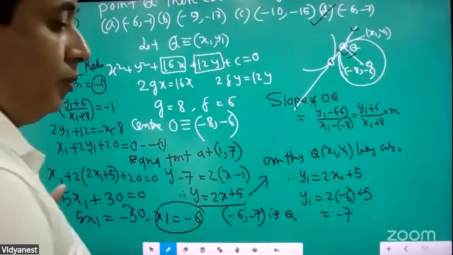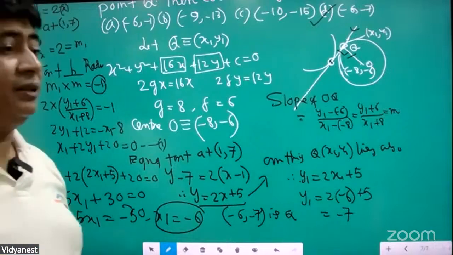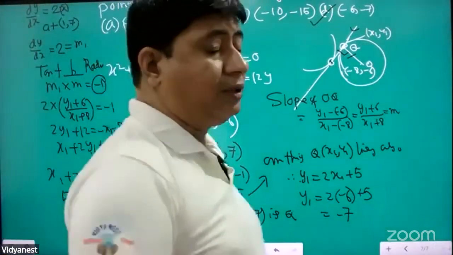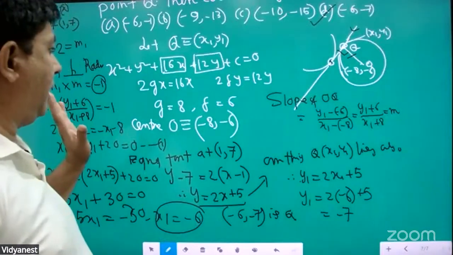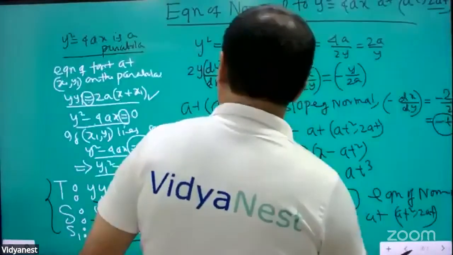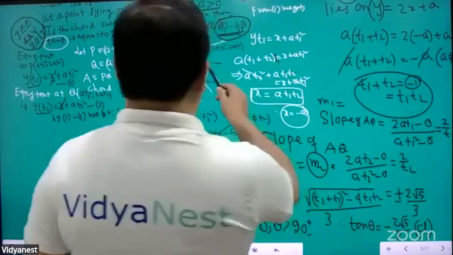So whatever we are taught today, hope you understood. A few theorems we have done, and the main thing that we have done is a JEE Advanced level sum and a JEE Main level sum both. Once you have gone through a JEE Advanced level sum like this, it seems very tough.